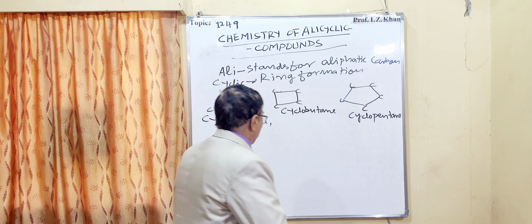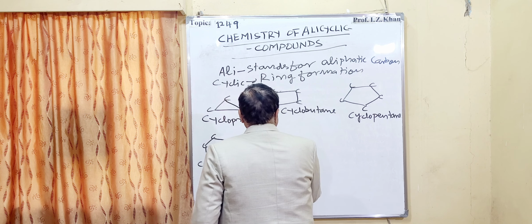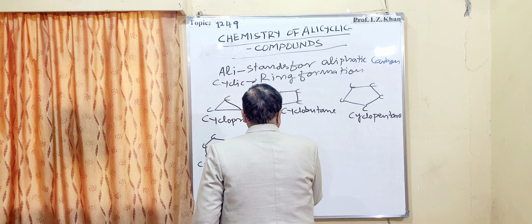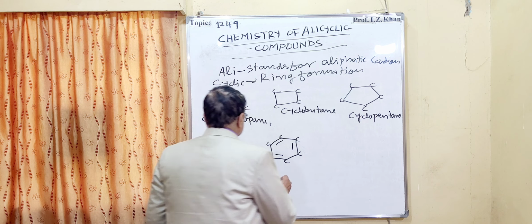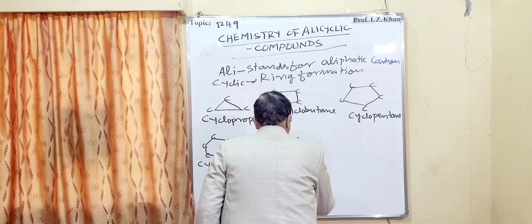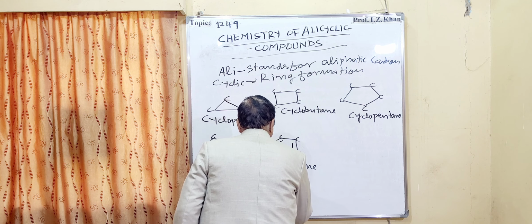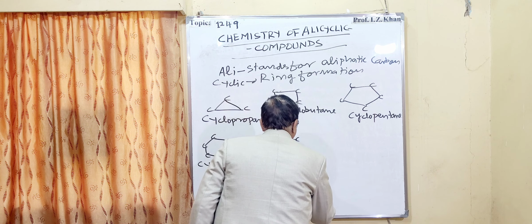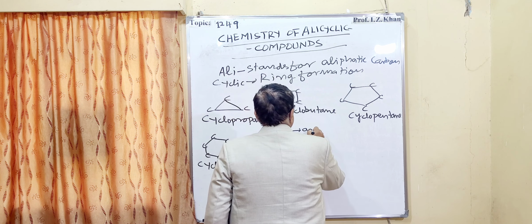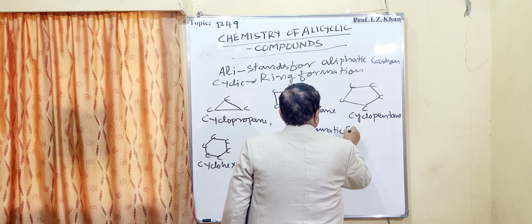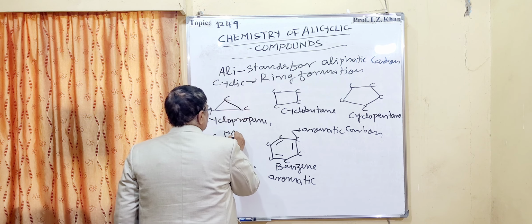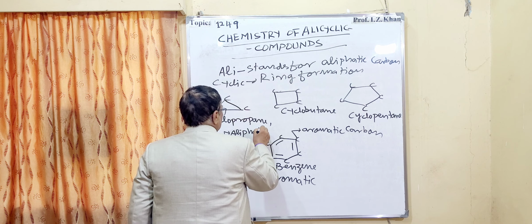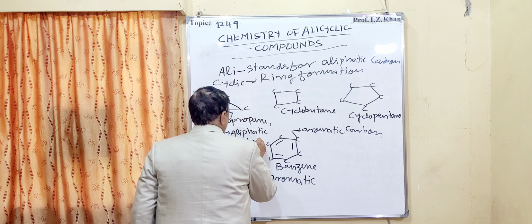The other carbon, for example, if I am writing like this, it is your benzene and this is your benzene and it is aromatic, and this carbon which is involved is aromatic carbon, and here this carbon which is involved here is aliphatic carbon.